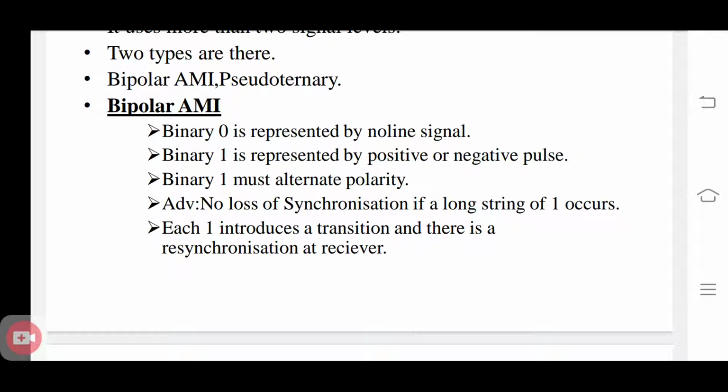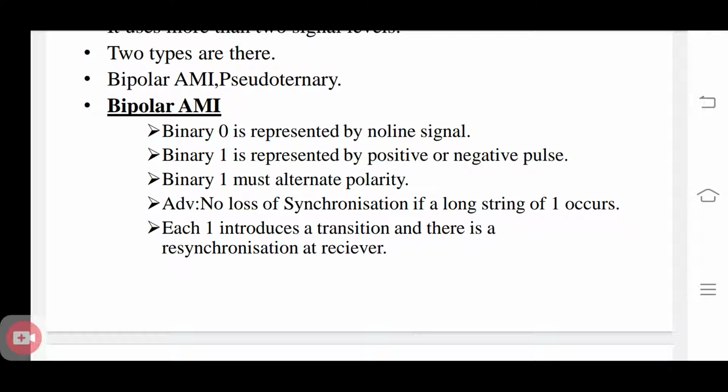So what are the advantages of this bipolar AMI? Here synchronization is maintained if a long string of 1s occurs, because there is no loss of synchronization. Also each 1 introduces a transition and there is a resynchronization at the receiver.